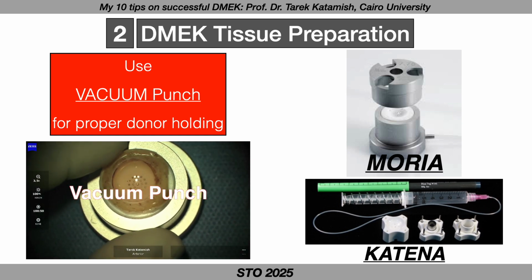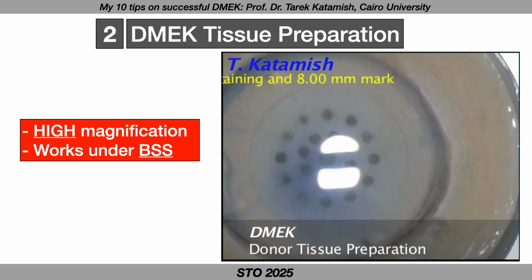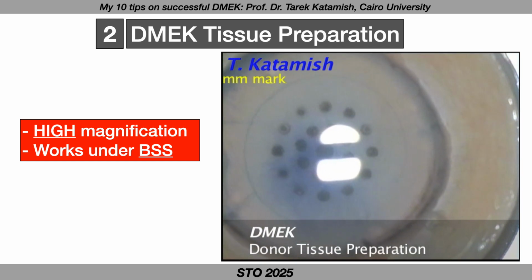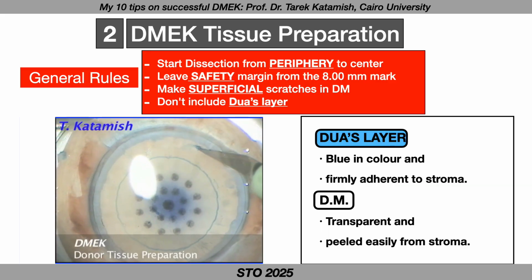Use vacuum punch for proper donor holding, and always work under high magnification and under BSS, because the dry Descemet membrane is very fragile and it is liable to tear. So always work under BSS to avoid tearing.